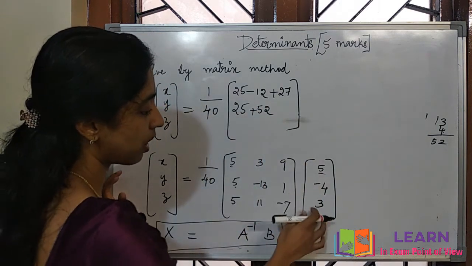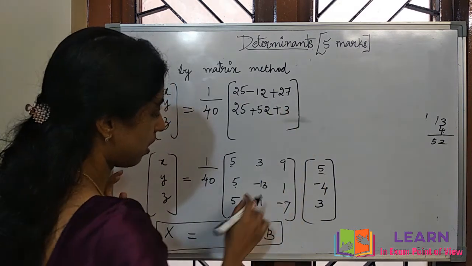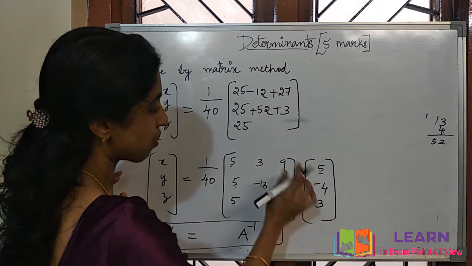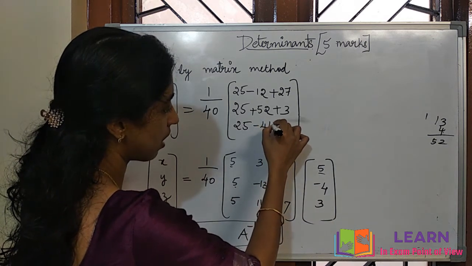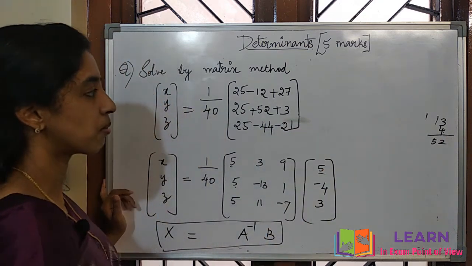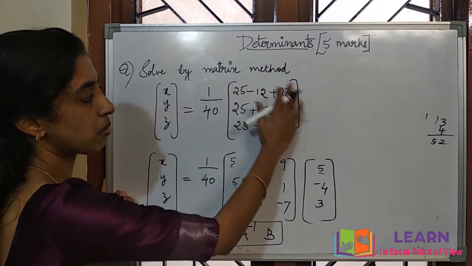Then last we have 1 into 3, it's plus 3. Then again here 5 into 5, it's 25. 11 into 4, the negative sign will come, negative 44. Then here also negative 21 will come.